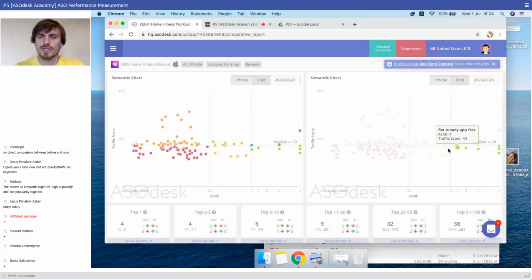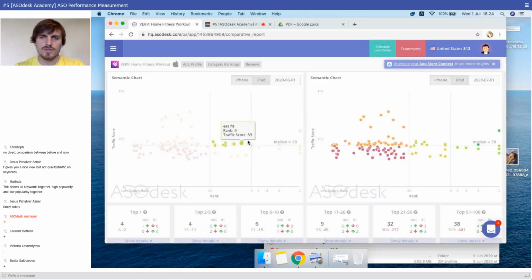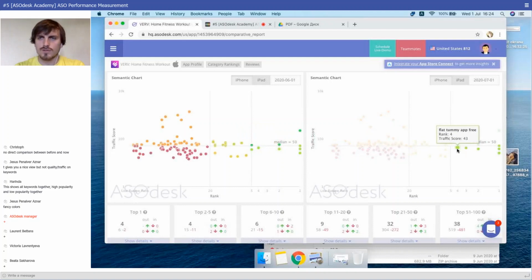Most probably they left these visibility zones. And free fitness coach, you see, this keyword is not here anymore. They replaced it with another keyword. Probably they are trying to see what would be the difference in the conversion rate and the changes in impressions.